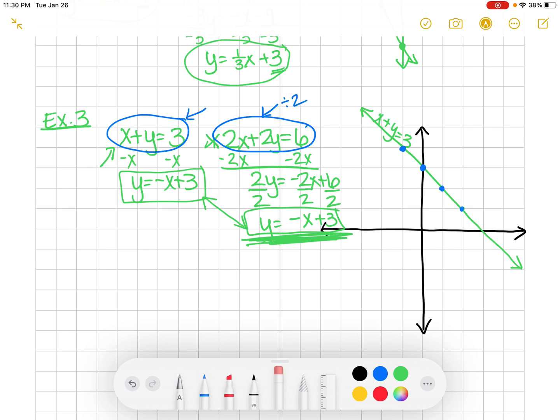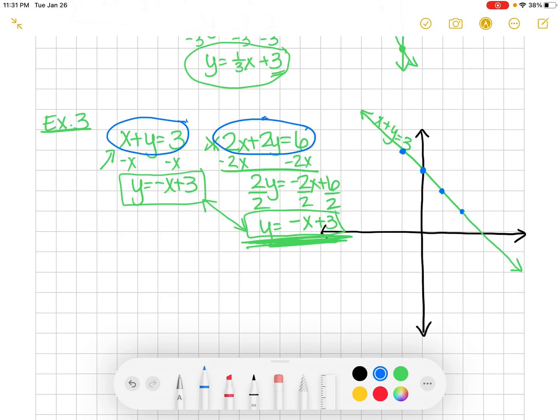Okay, so what do we do when that happens? What do we do when we are graphing and we have the exact same equation? Well, my answer is all the points on that line are answers to both of these equations. So what we call that is that it has an infinite amount of answers. Sometimes in the book, it will say your answer is infinite, or might say infinite answers.